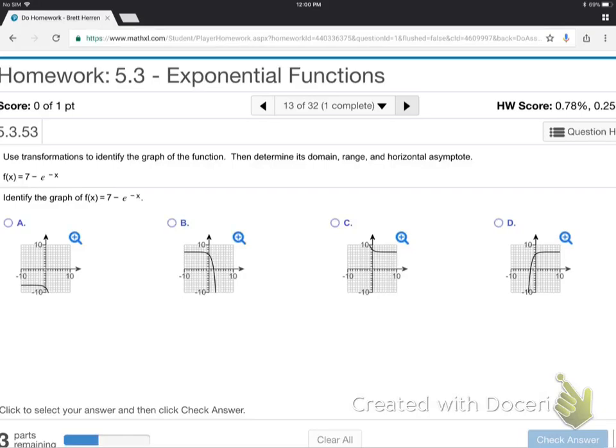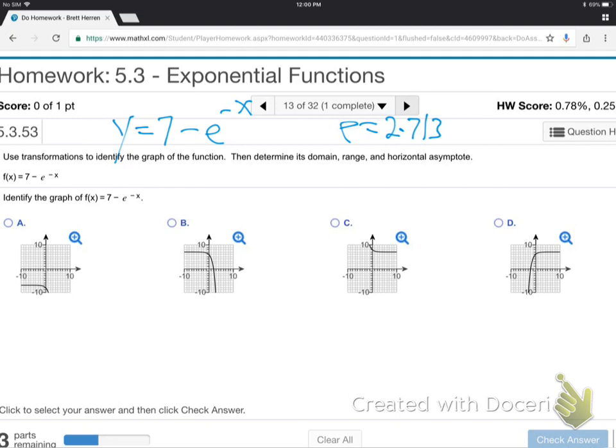Are you aware that E is just a special number, like pi is a special number? So don't think it's anything amazing just because it's E. E is just 2.71... I don't remember. Boy, I'm getting old. It's 2.7 something.